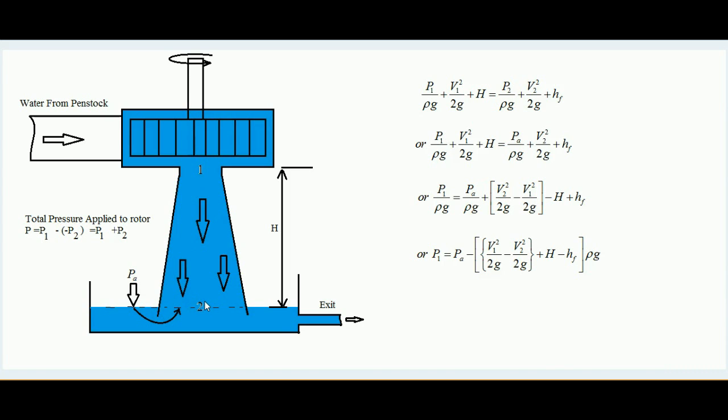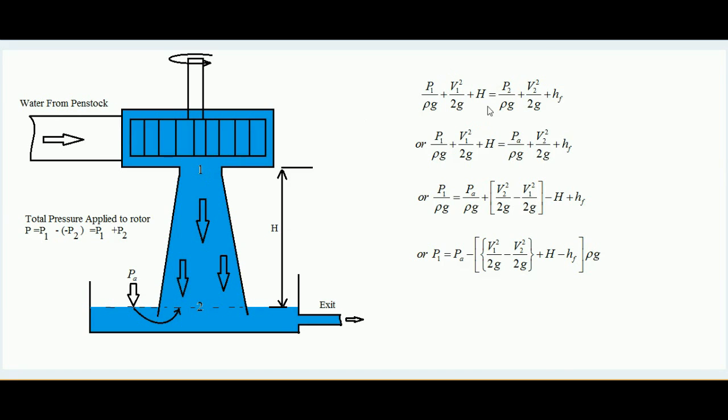Now at point 1, suppose the pressure is P1, so P1 by rho g is the pressure head. Suppose velocity is V1, then V1 square by 2g is the kinetic head. And we know that in case we are choosing this dash line as datum line, then point 1 is at a height capital H. So capital H is also there at point 1.